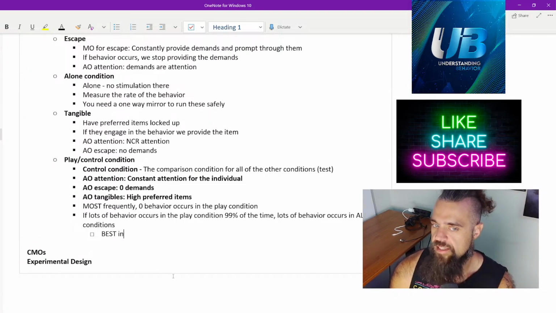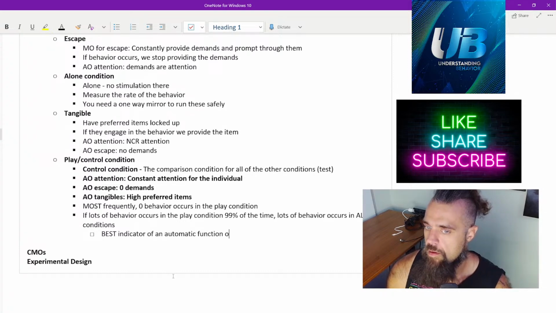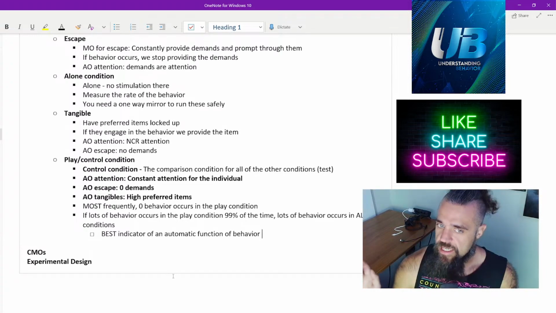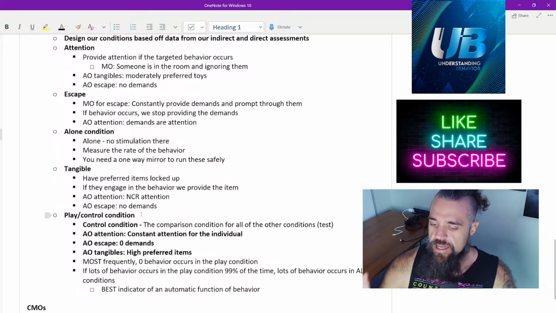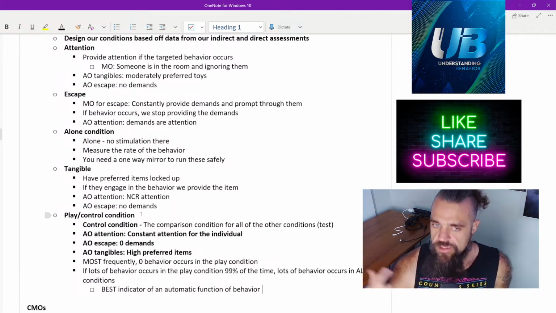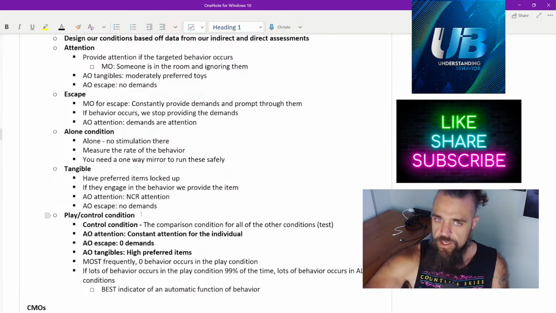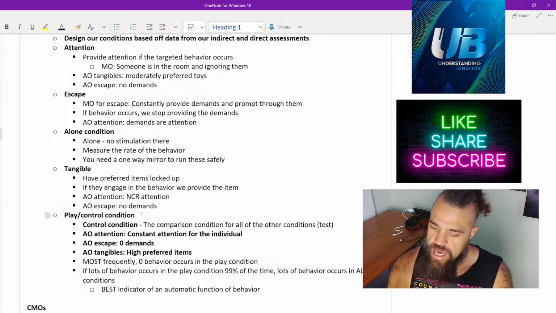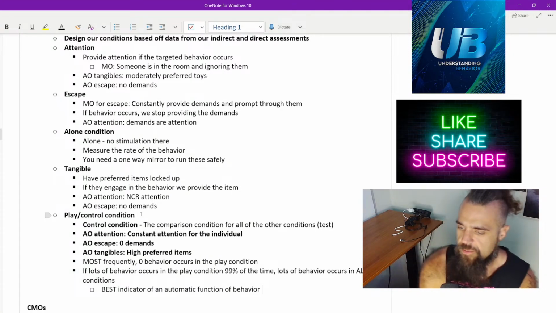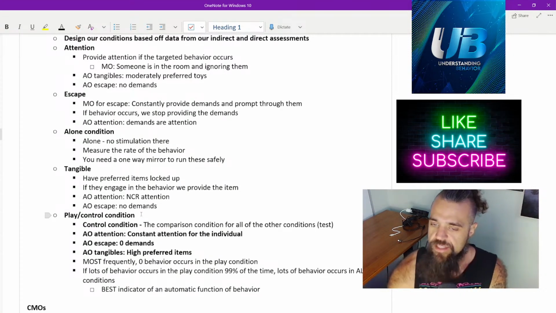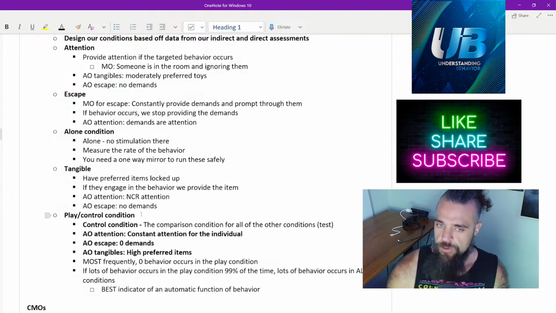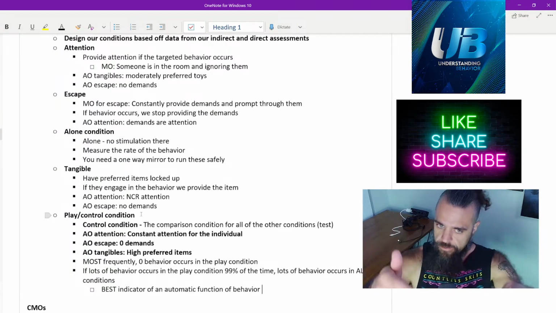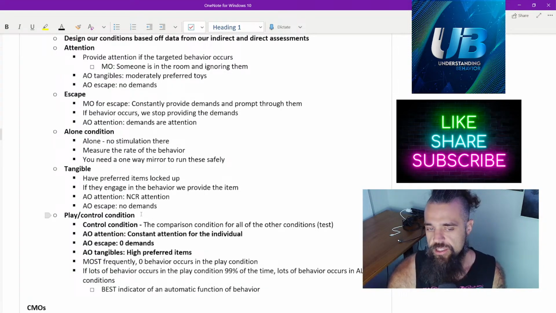And this is the best indicator of an automatic function of behavior, because no matter what we did in our 5 different conditions, they still engaged in the behavior. There was still something that reinforced the behavior that was not different between all 5 of these. So if we see that, that's our best indicator of automatic reinforcement, that it's just the sensory sensations maintaining the behavior. So when we're doing a functional analysis, we will compare all of our data from our other conditions to this play control condition.